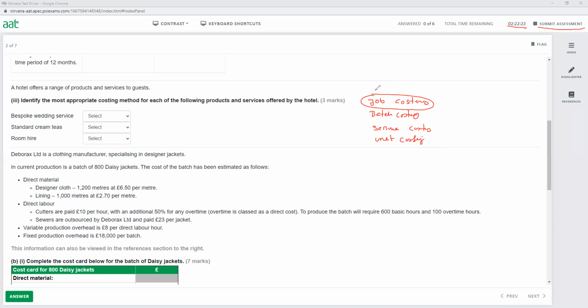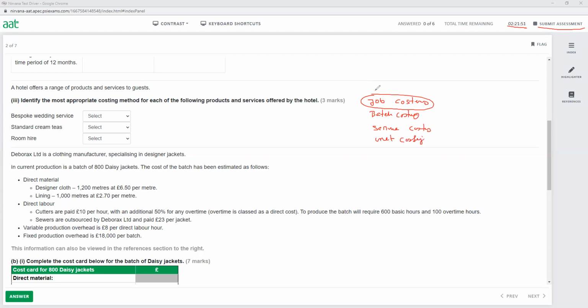For example, if a company asks you for bespoke software, a very precise software that will only be used for their company and maybe not suitable for any other company at all, you prepare the software based on their requirements. They say we need this, this, and this, and based on their specification you give a price. This is basically job costing.